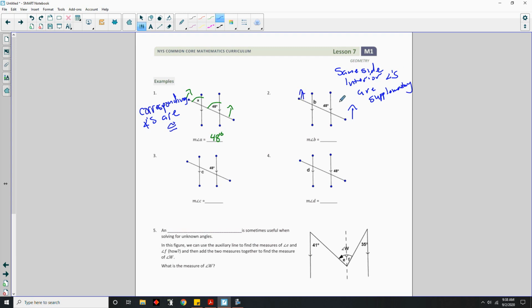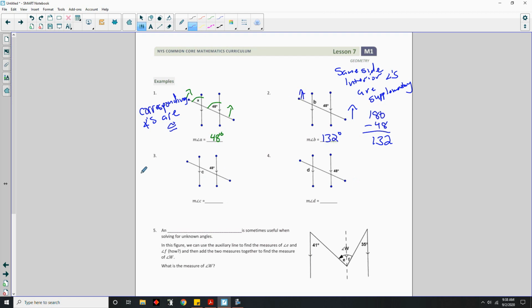Okay, same side interior angles are supplementary. So in other words, if I just take 180 minus 48, I will get 10 minus 8 is 2, 7 minus 4 is 3, bring down the 1. Measure of angle B is 132 degrees. Okay.